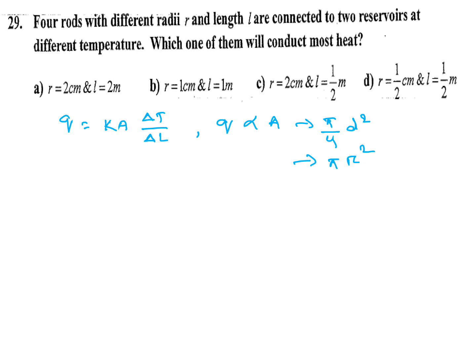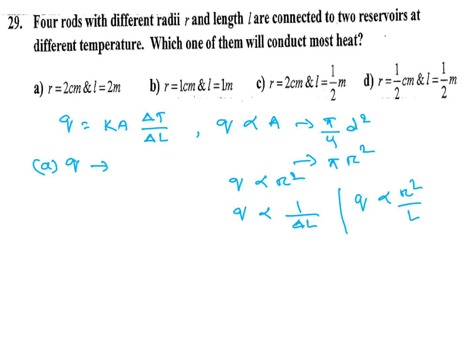Q is proportional to r square, and Q is inversely proportional to length L. So what we got? R square by L. From all options we will check.